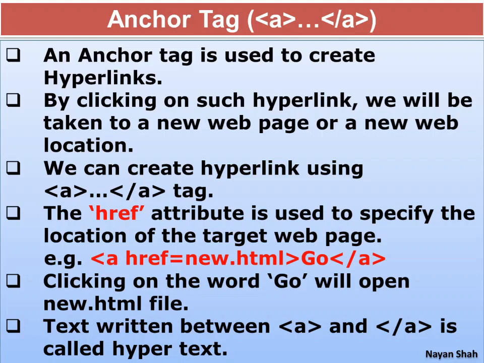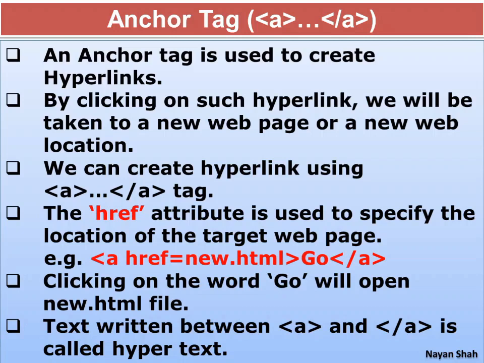We can create a hyperlink using the tag called A, which is an acronym for anchor. It's a paired tag, A and /A, and there is one very important attribute which is to be used with the anchor tag, and that is href, where href stands for hyperreference. We need to specify the hyperreference where our link is referring.